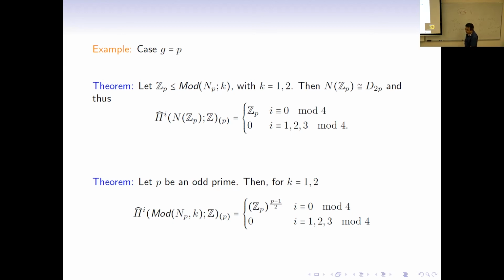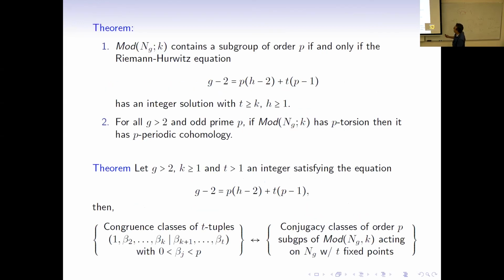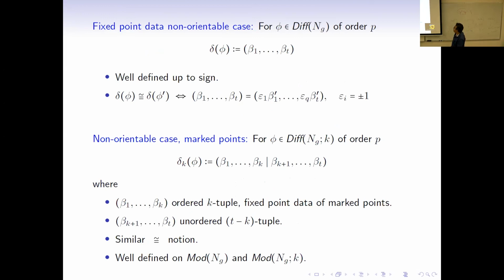Question. Go back to the previous slide. What I was going to ask might have been answered there. In the orientable case, the Riemann-Hurwitz formula says that any finite group of automorphisms of a curve of genus g has order less than or equal to 84(g minus 1).